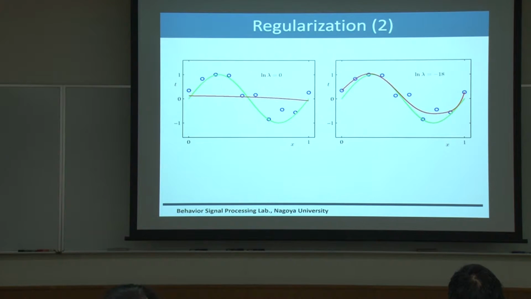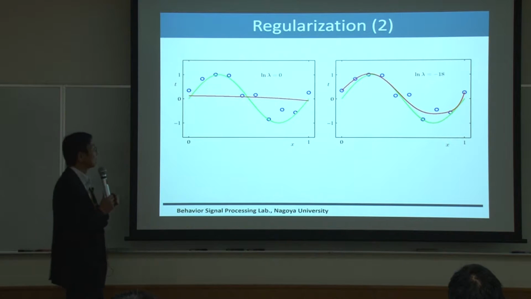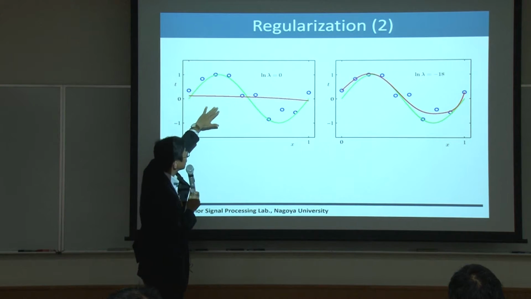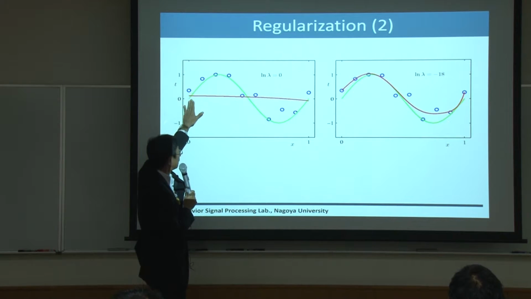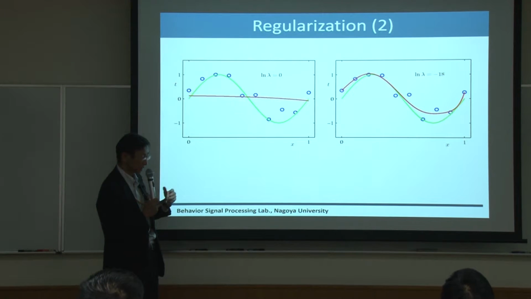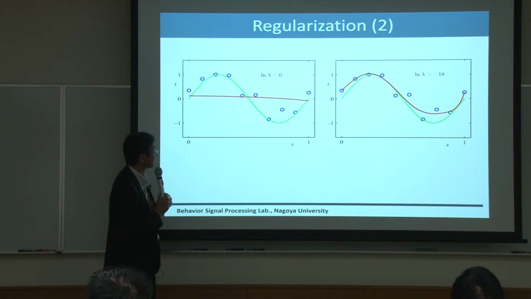And here again is the result of the compromise. Again, in this case, I guess we have a large degree of freedom in the system.